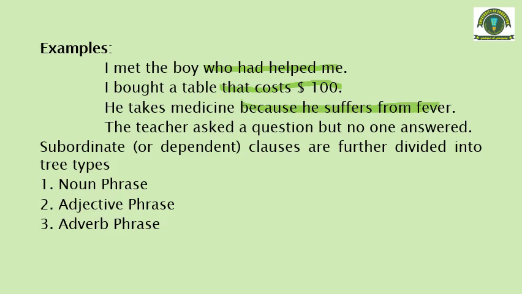The teacher asked a question but no one answered. Dependent clause. If we consider the sentence from these words, it is a subordinate clause. They are not complete sentences because they are not giving the complete information. About this sentence, I will say if it begins with he, it's an independent clause. But if it begins with because, it is a dependent clause.